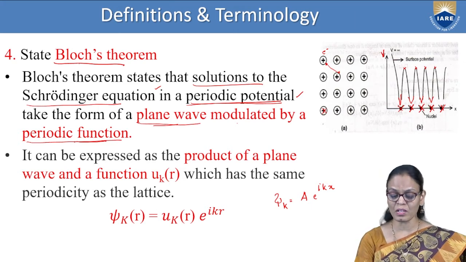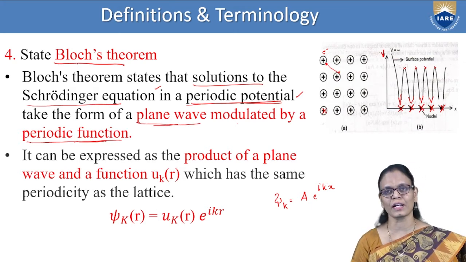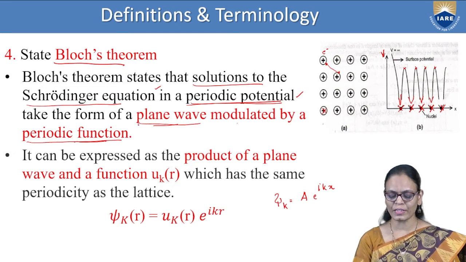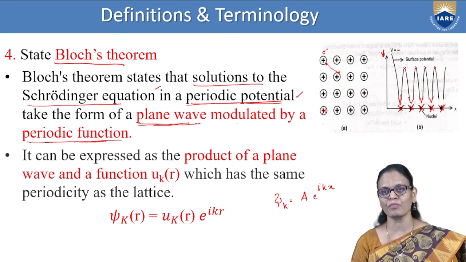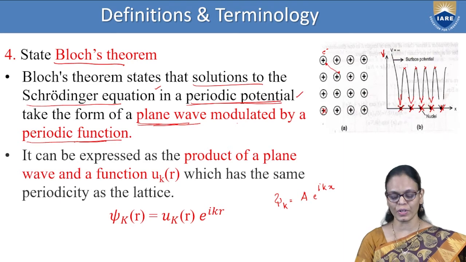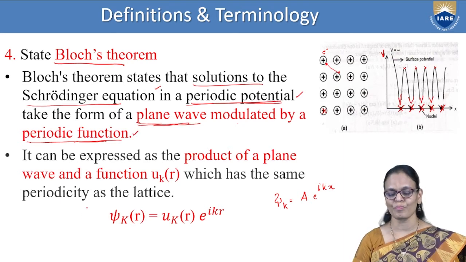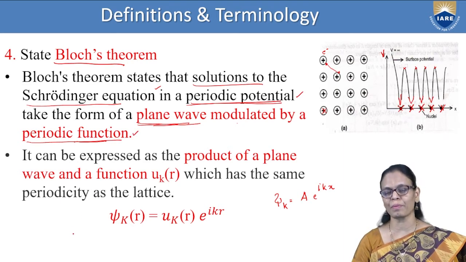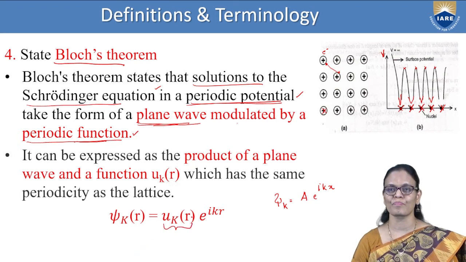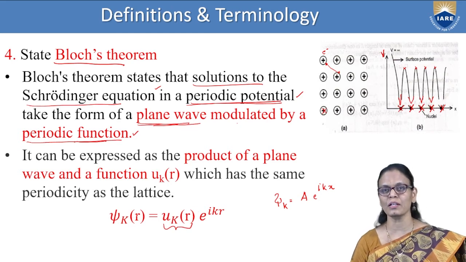Now, because of this theorem, what we are trying to say is, it will take the form of a plane wave that is modulated by a periodic function. So what is that modulating periodic function? It is denoted by uk of r. Here, when we are talking in terms of r, it is in 3-dimensional.